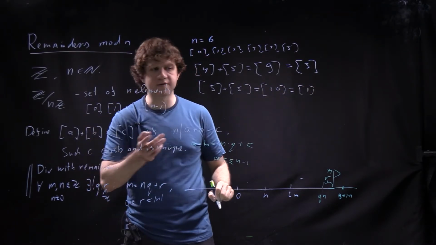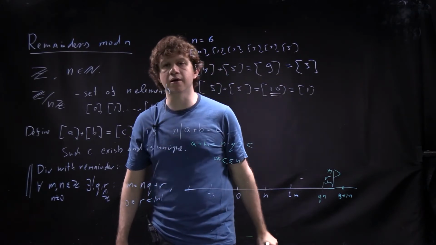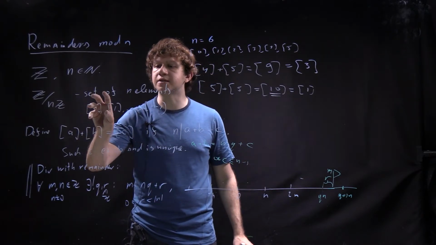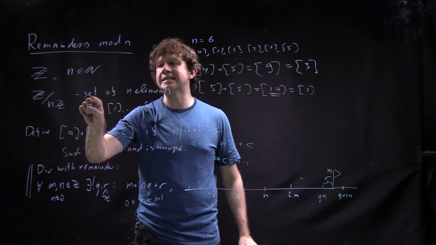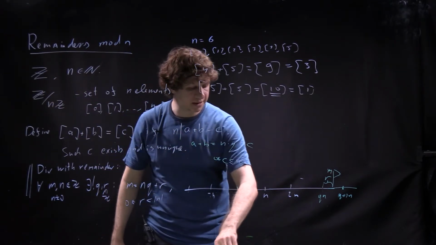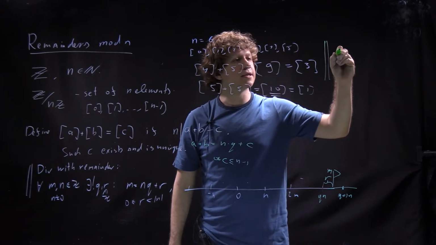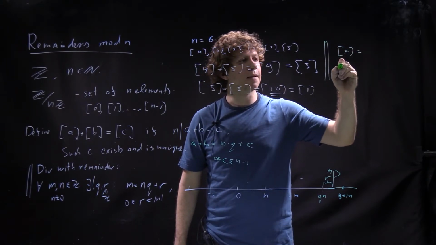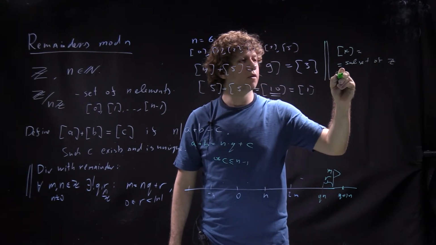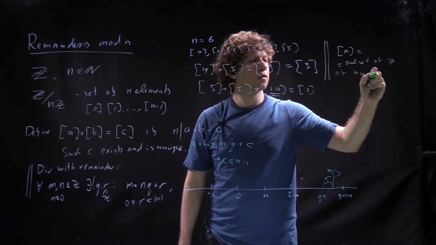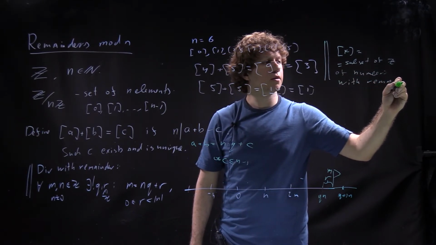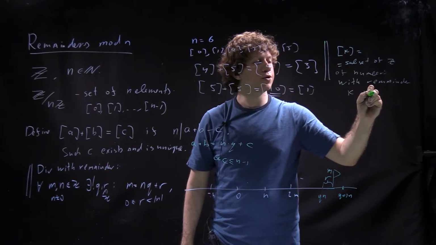So of course, with my definition, I cannot put numbers bigger than 6 here, but in a slightly more sophisticated view, one views this not as just a symbol, but as a subset of integers, which gives this remainder mod n. So maybe that's the more sophisticated view, that this k is a subset of Z of numbers with remainder k mod n.